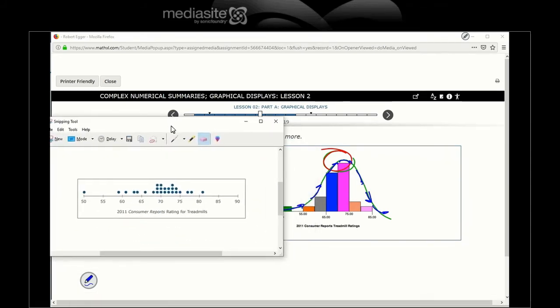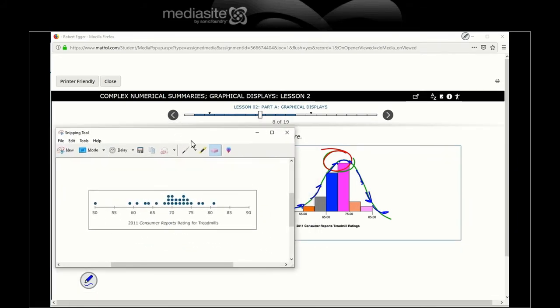Now contrast this to the dot plot. Now let's see. Basically it just jumps up, dips down, jumps up, dips down.